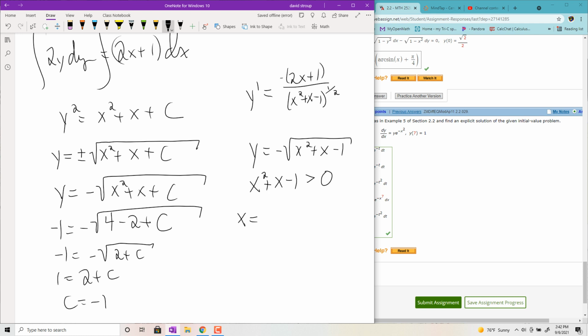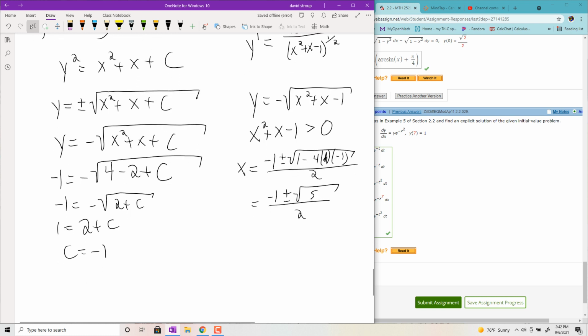Sort of the boundary points where it would equal 0, use the quadratic: negative b plus or minus the square root of b squared minus 4ac, so 4 times 1 times -1, all over 2. That'd be -1 plus or minus the square root of 1 plus 4, which is 5, all over 2.